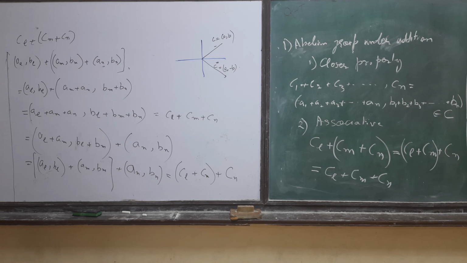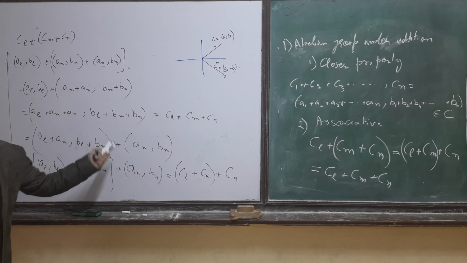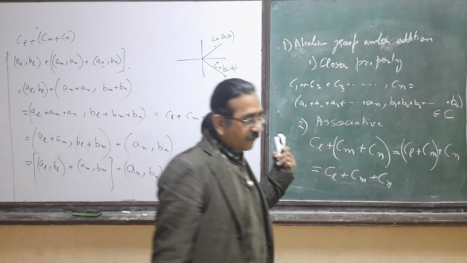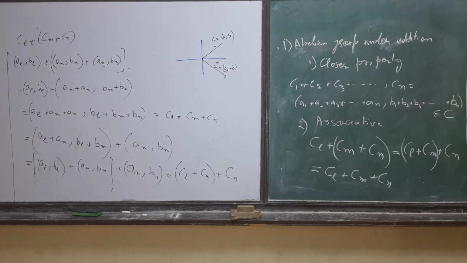Everything is not a vector space. There are many quantities or many things which look like they will make a vector space, but they are not a vector space. So that's why you have to follow all these steps. You can't skip any step. No shortcut.